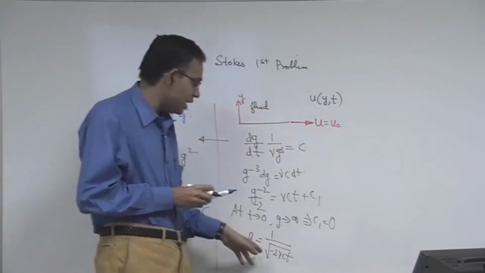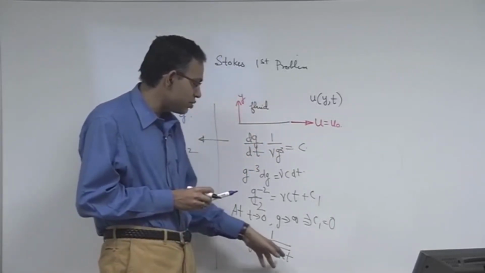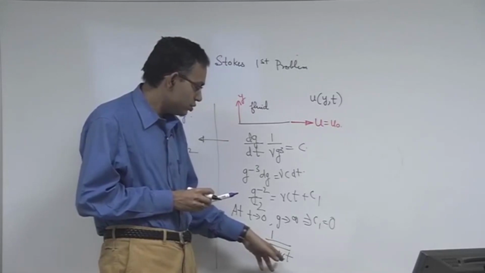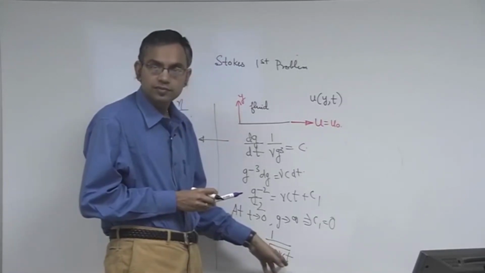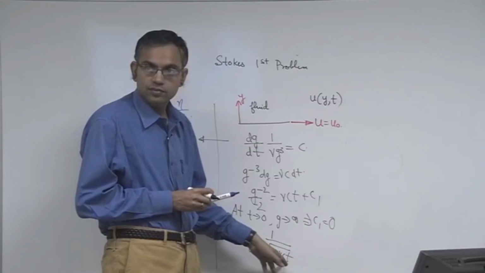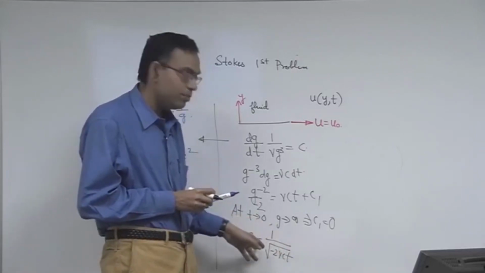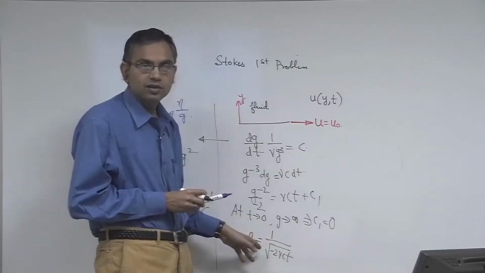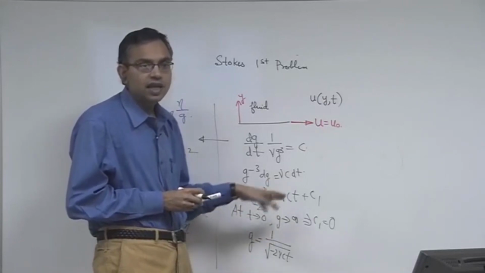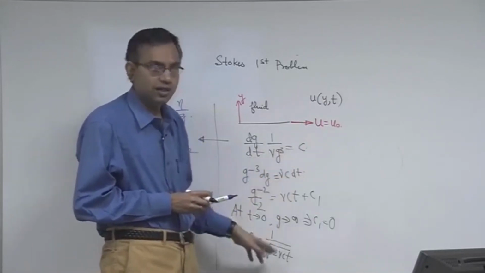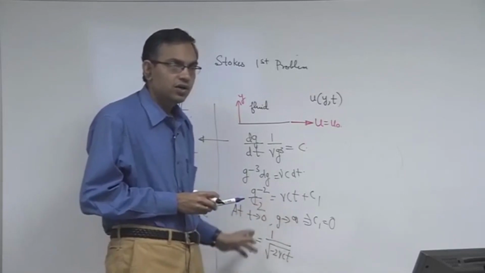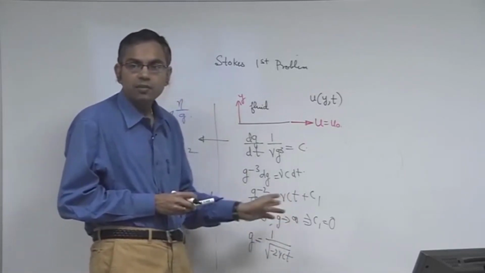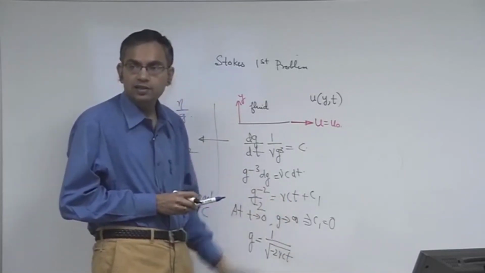So, you will clearly get that G scales with 1 by square root of nu t. Remember that G is 1 by y reference. y reference scales with square root of nu into t reference. That is what is supported or justified by this more detailed mathematical treatment.